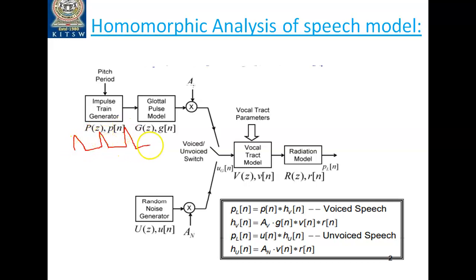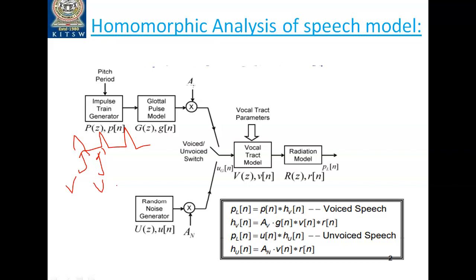If the speech signal is voiced, there could be an impulse. If there is no voice, there could be an unvoiced signal. So it is a sequence of impulses generated from the impulse train generator, and from that we can also find the pitch estimation. The pitch period we are also able to find with the help of that impulse.